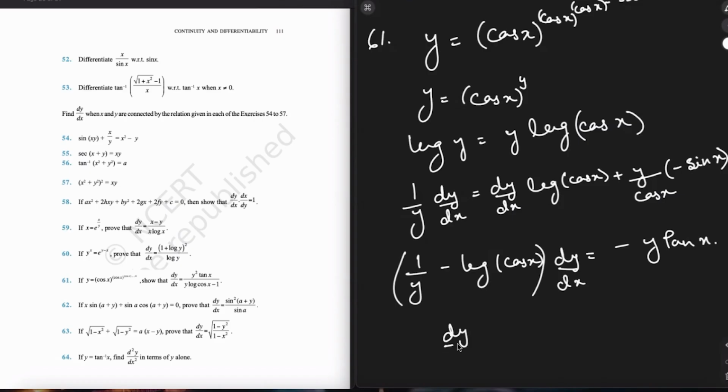So dy by dx is equal to minus y tan x over 1 minus y log cos x, and this is y. So this will be your dy by dx.